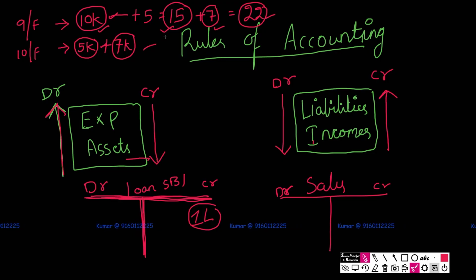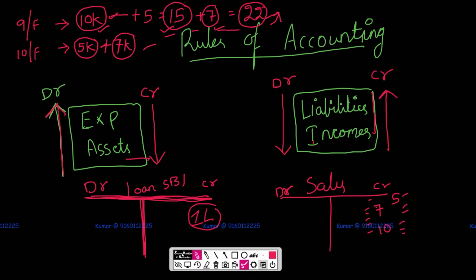So sales is increasing. When I have done a sale and it is increasing, when incomes increase, do we need to credit or debit? Credit. So on the credit side I write 5,000, then 7,000, then 10,000. However many times I sell, that many times I write on the credit side.